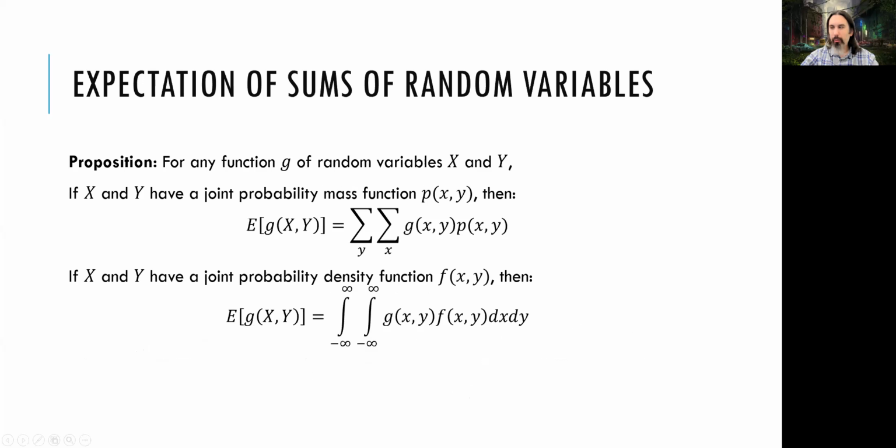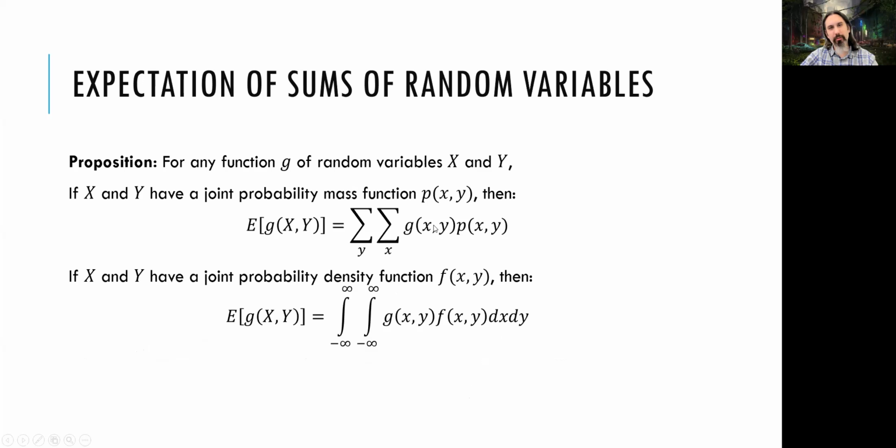Now, we know that there can be more than one variable in a PMF or PDF, which is a joint PMF or joint PDF. So the expectation of these joint versions are written like this. We already know this one actually.